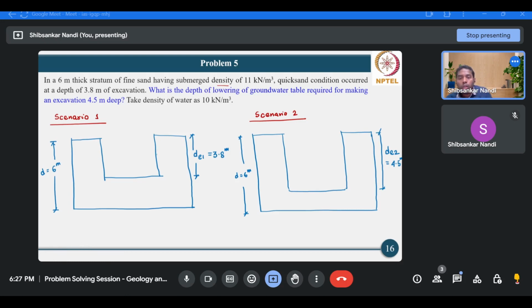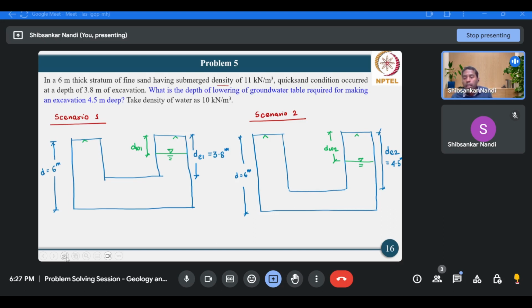First we'll assume that this is the groundwater table location from the top surface, and this is the groundwater table location from the top surface for scenario 2.